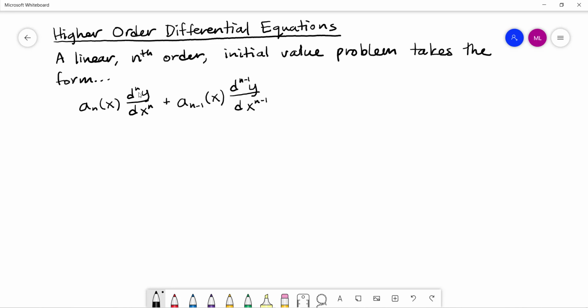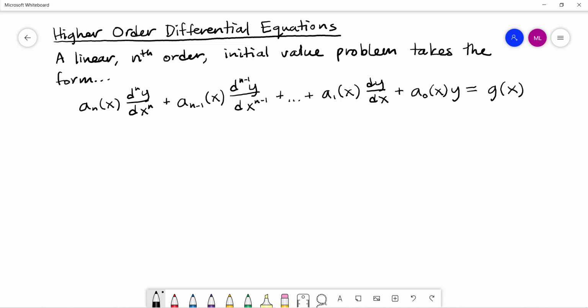So we're going down in derivatives, and we would then go to the next term that would be derivative 2 lower than the original, and we would keep going until we eventually get down to the a_1 of x term that involves a first derivative, plus an a_0 of x times y itself, so no derivatives. And that can be equal to some function g of x.